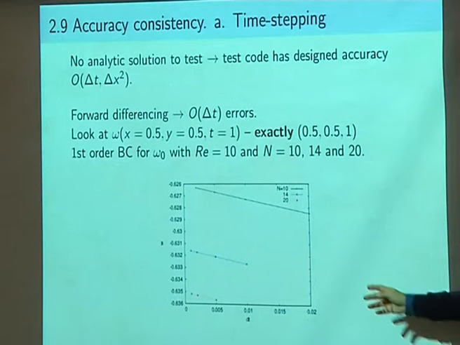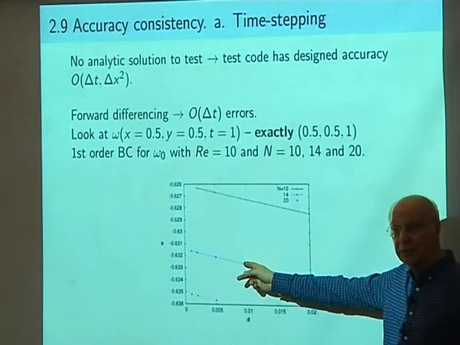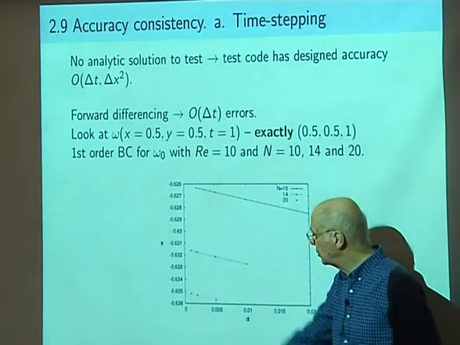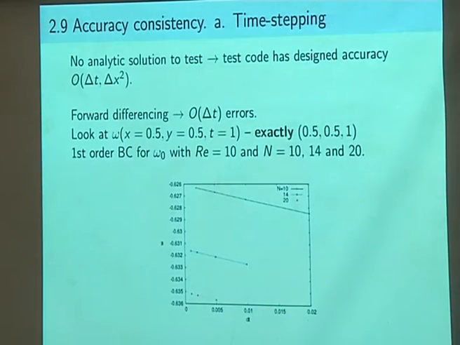This is the biggest delta t I can have to be numerically stable. And I've taken smaller and smaller delta t's, and you can see that, yes, the code is linearly behaving itself. So it is, as designed, delta t accurate.